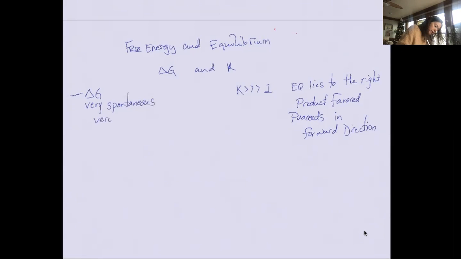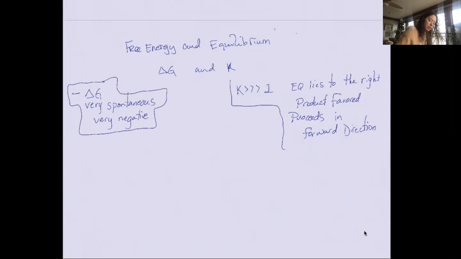Very negative. So you can get some very, very negative values for delta G, okay? And when you do, it means we're very spontaneous, and that should relate to very large values for K. I mean, some really large exponents here.